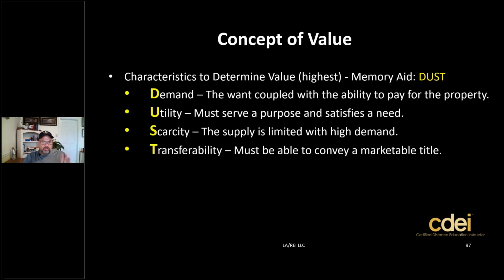The first one we're going to look at is demand. Demand, if you think about it, is the want, but you have to have the ability to finance the property, either pay cash for it or get a loan, okay? But demand is very critical when it comes to value and how it's increased, okay?